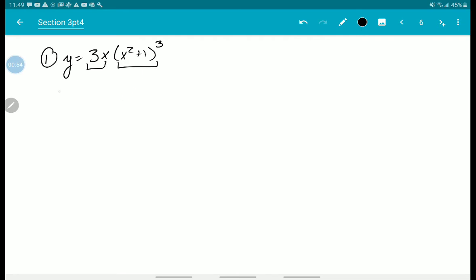So when we set up, our product rule says it's the first one times the derivative of the second. So I'm doing my setup. I am not taking the derivative yet. Plus the second one times the derivative of the first.